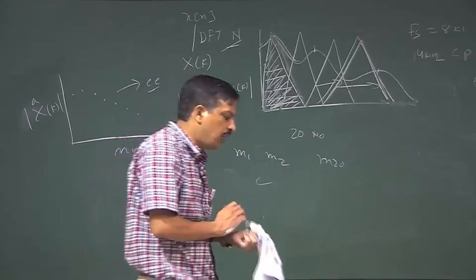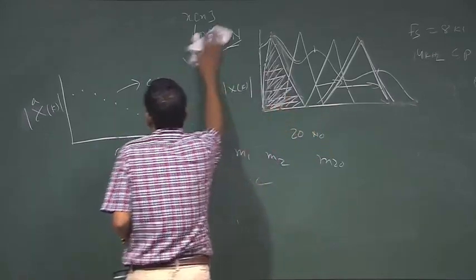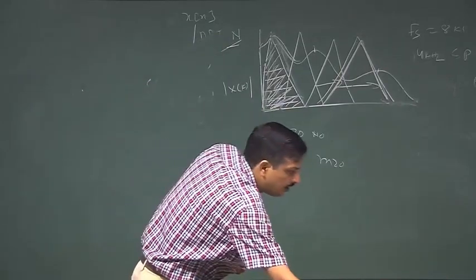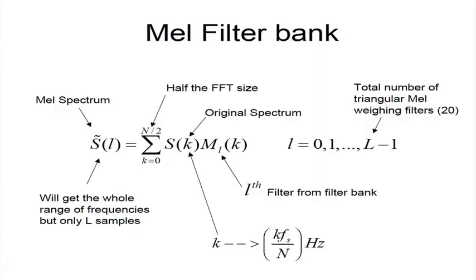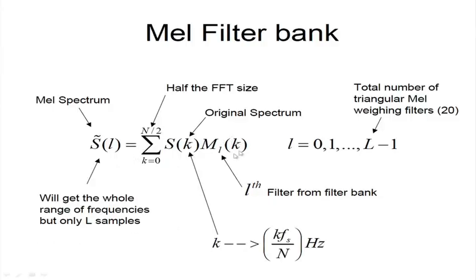So, what I am actually doing in mathematics is designing the filters. I will explain in the next class. First I describe the equation. I am calculating X cap L, where L is the number of filters, S cap L, using the mel filter bank.